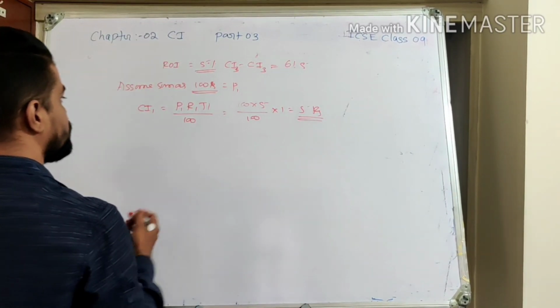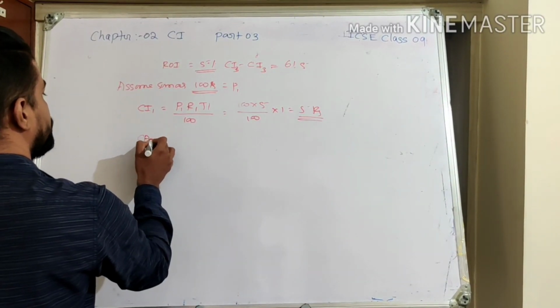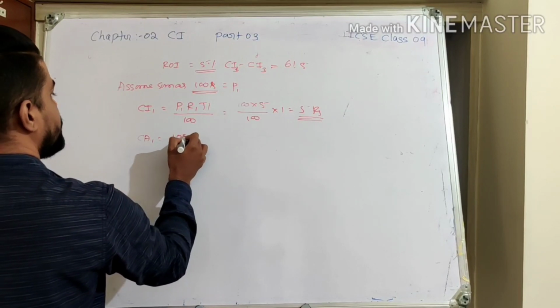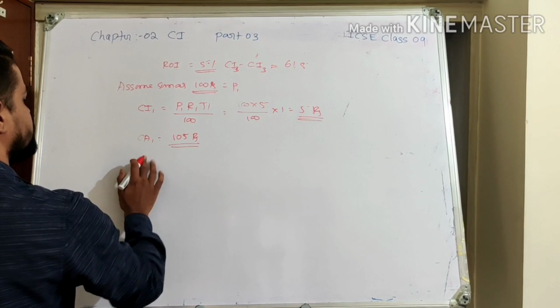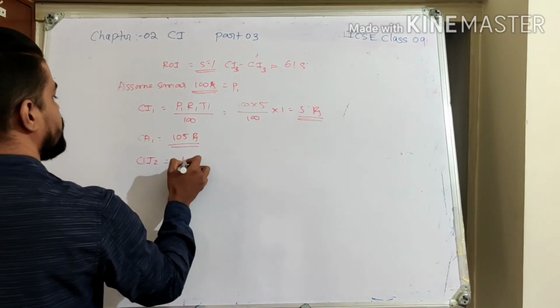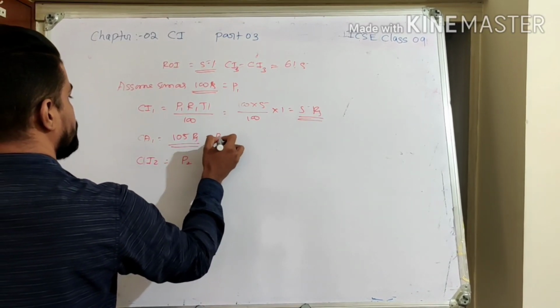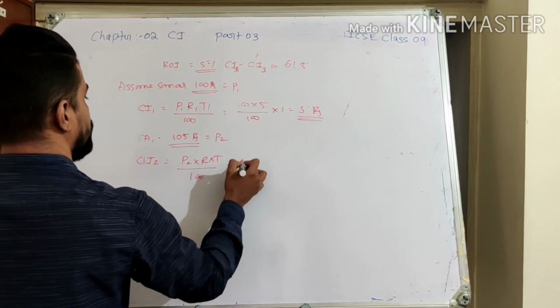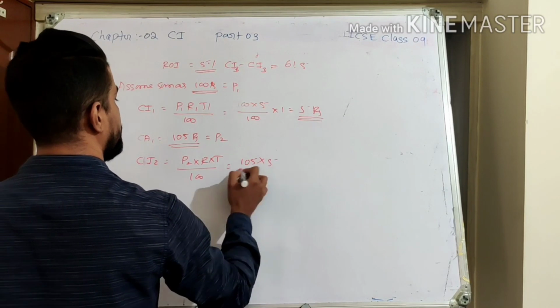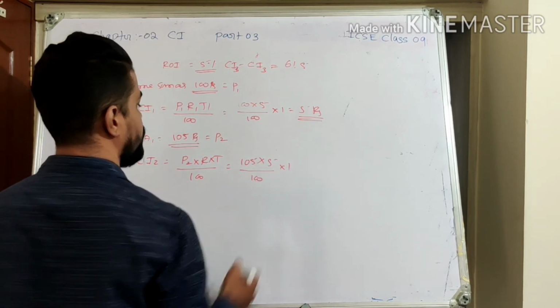So that is why it's easy to get. Okay. So compound amount will be 105 rupees. Okay. So at the end of the second year, CI2 will be P2 R T by 100, which is 105 into 5 by 100 into 1.